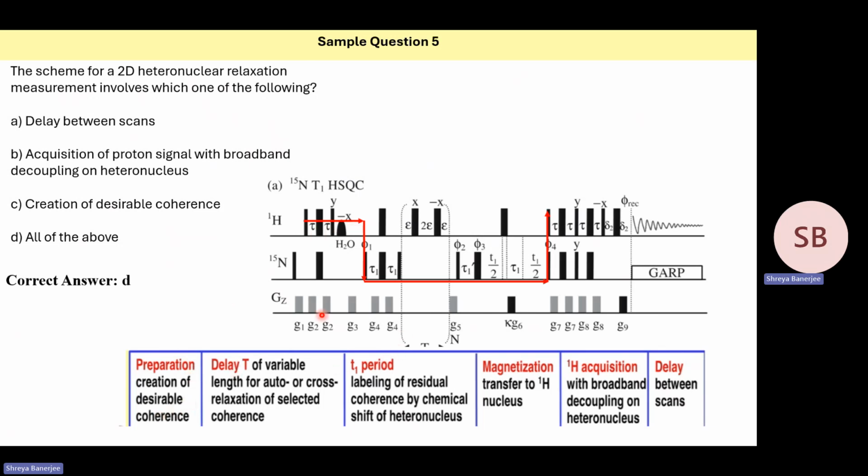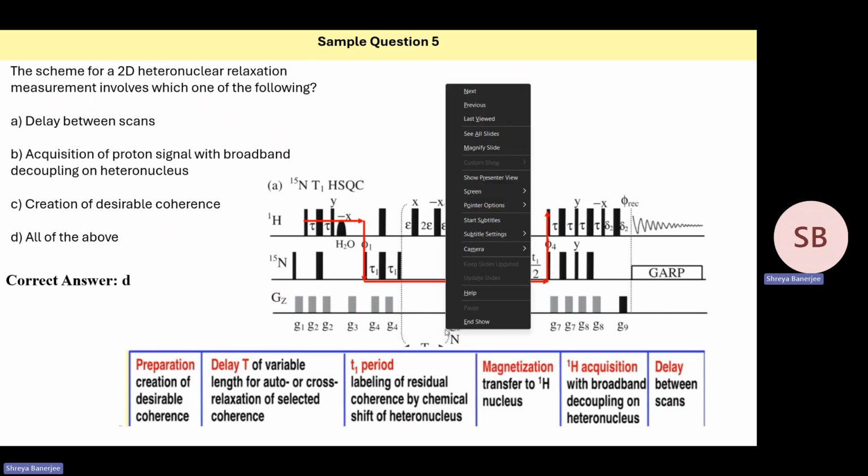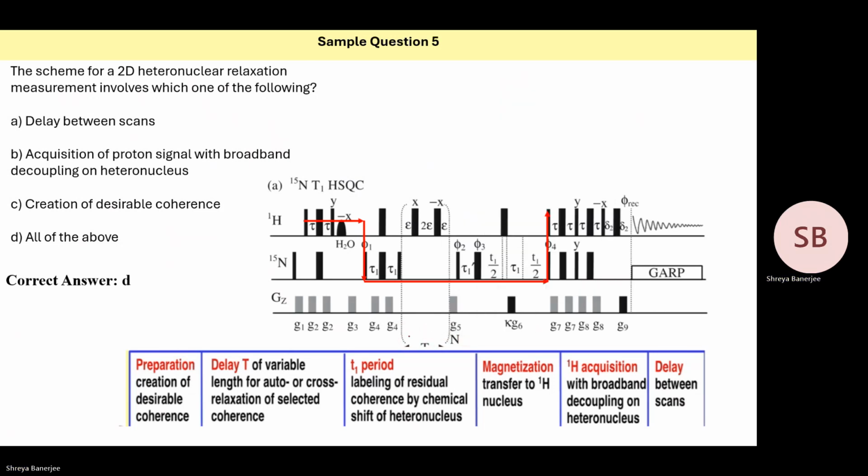Then you have a delay time of T. You can see there is a delay time here. So creation of desirable coherence is part of the scheme. There is a delay time of variable length to allow auto-correlated relaxation or cross-correlated relaxation.